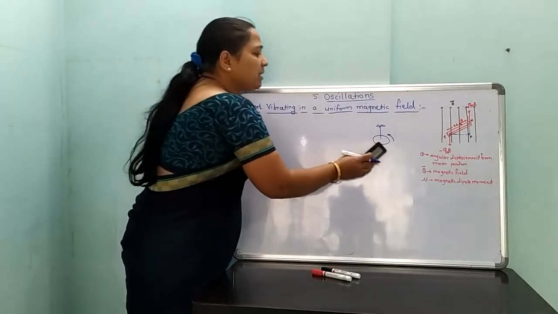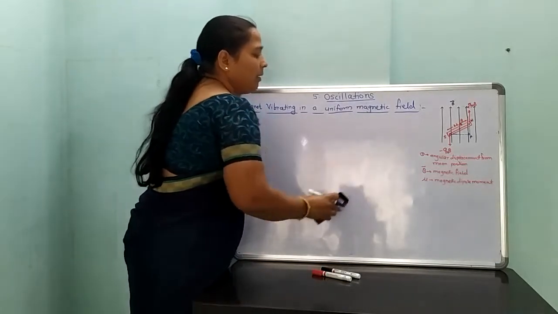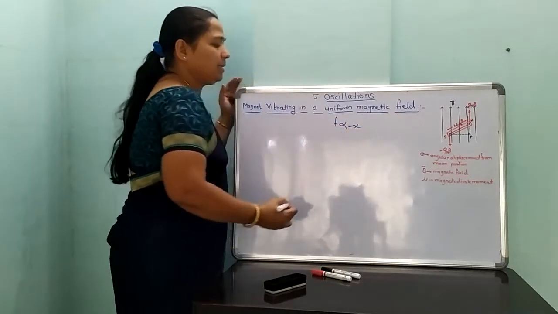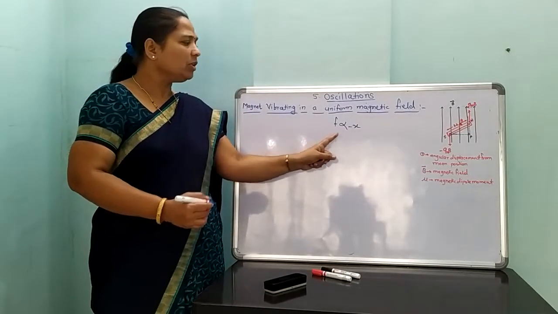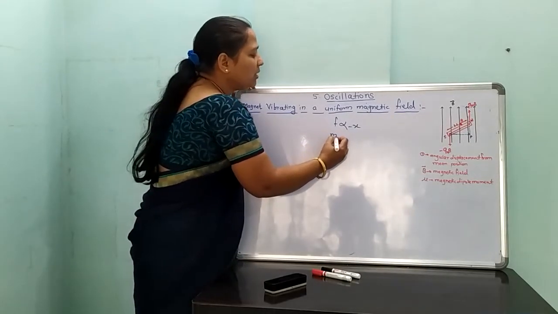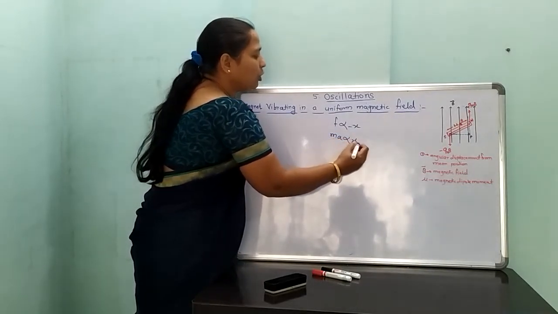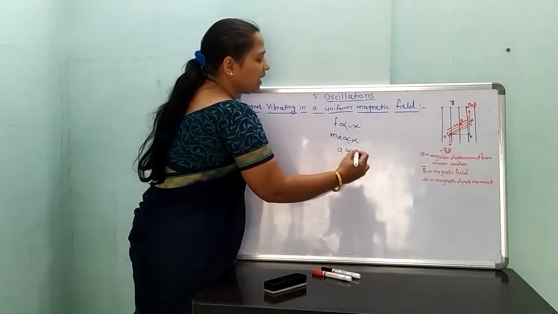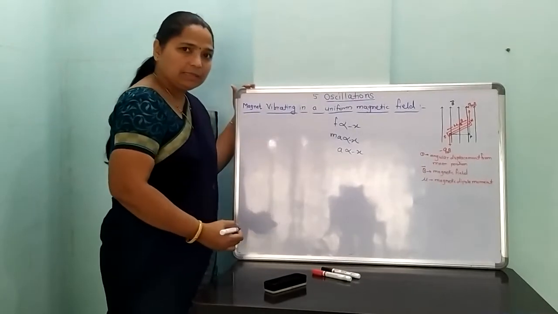Again, what is meant by SHM? SHM is when the restoring force is directly proportional to minus x. F is equal to mass into acceleration, directly proportional to minus x. Since m is constant, acceleration is directly proportional to minus x.